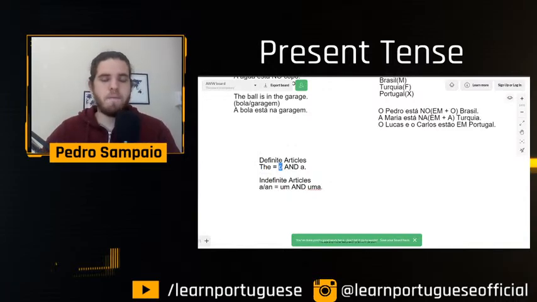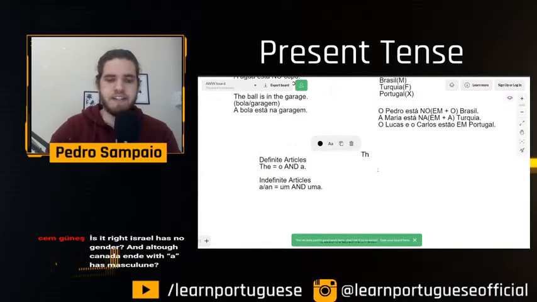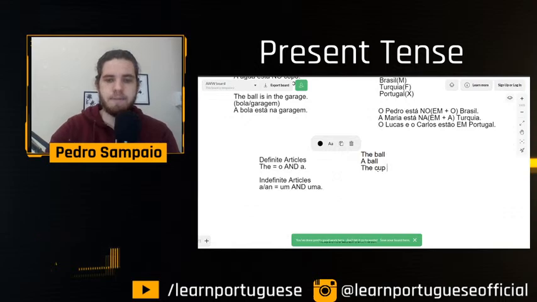Again, o for masculine objects, um also if it's masculine, a if it's feminine, and uma if it's feminine as well. So let's use the same examples we're talking about here. If I say the ball or a ball, the cup or a cup.